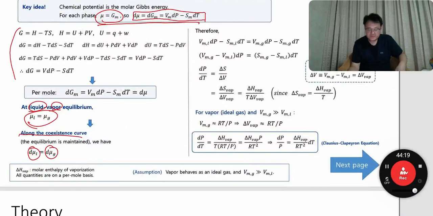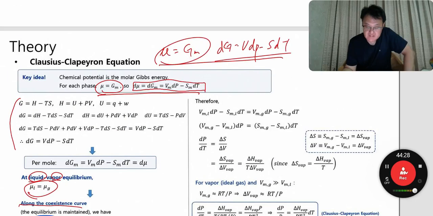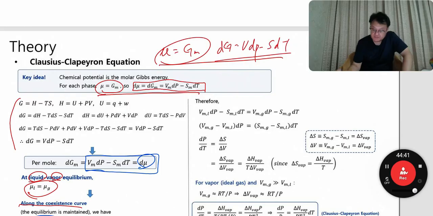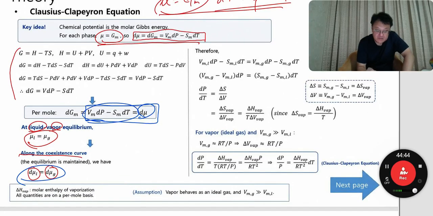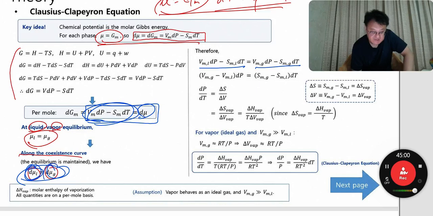So one can say that the change in chemical potential of L is the same as that of G. Then you can use this relationship: Vm liquid dP minus entropy m liquid dT should equal that of gas.